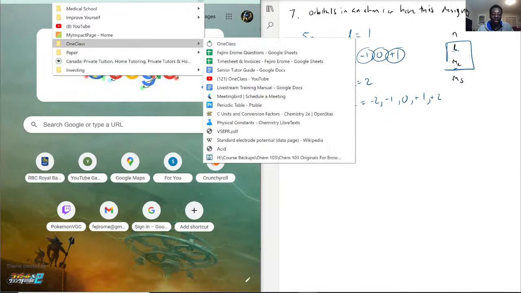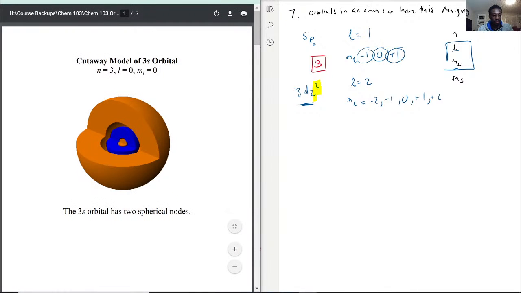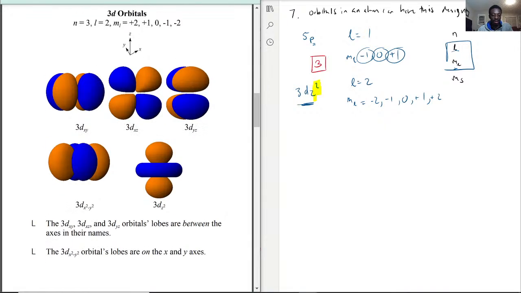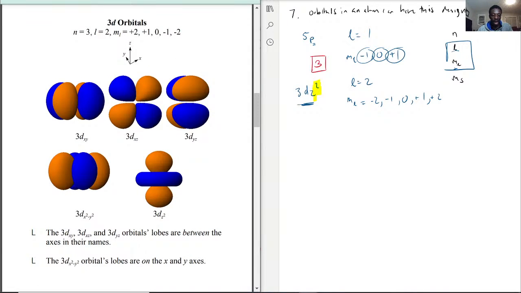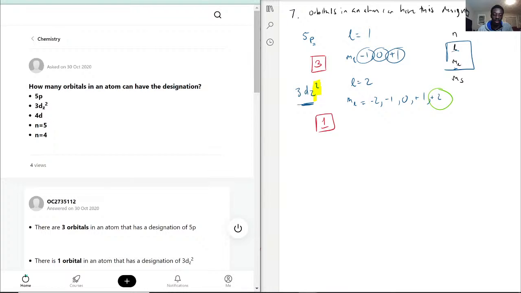If we go over to our orbitals, you can see here that the 3dz2 is just a specific type of orbital, and this can only fit 2 electrons because it's only 1 orbital. So that would be just 1 for the 3dz2, because it's only specifically referring to one of the 3Ds.